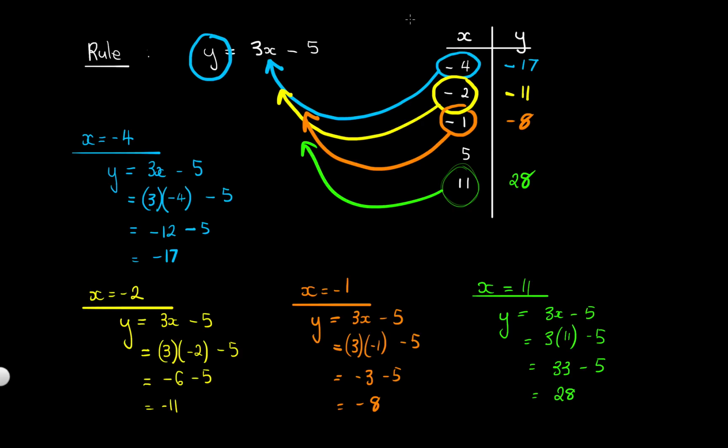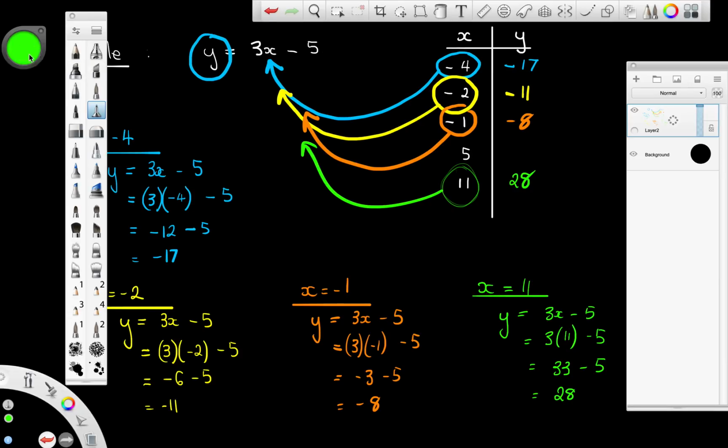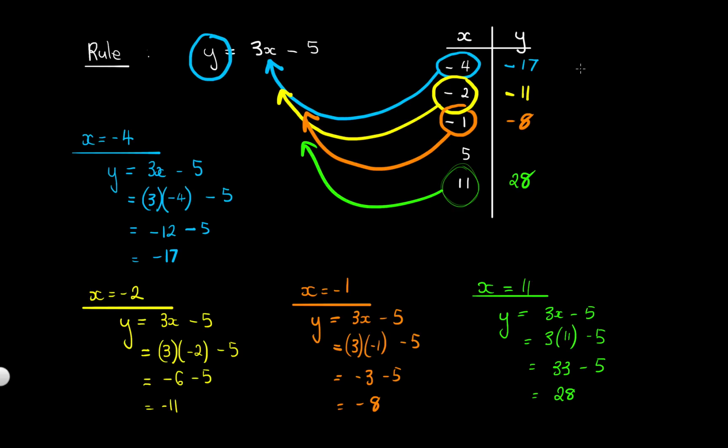Now that we've got our table of values, each of these sets of points represents a coordinate that we can plot on a graph. So for example, and we'll change colour again, we'll go back to white. So that point there, this is the x value and this is the y value that goes with it.